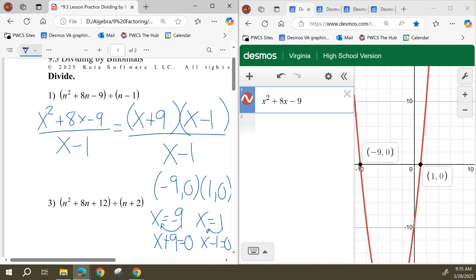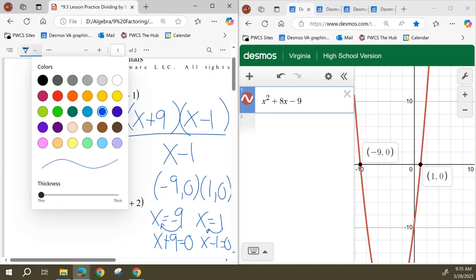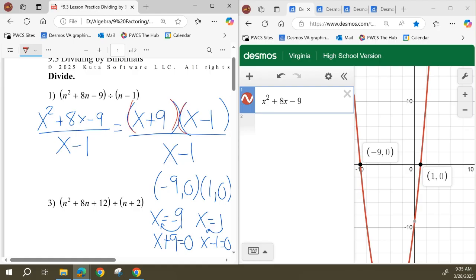So you can see we have x minus 1 on top of our fraction, and we also have x minus 1 on the bottom of our fraction. Since those parentheses mean that we're multiplying those two things, we can cancel out any of the things being multiplied if they exist on the bottom of the fraction.